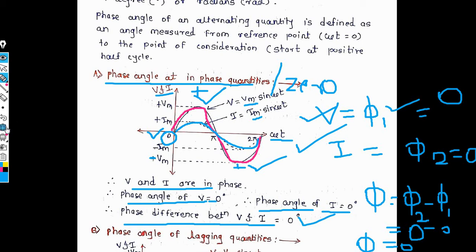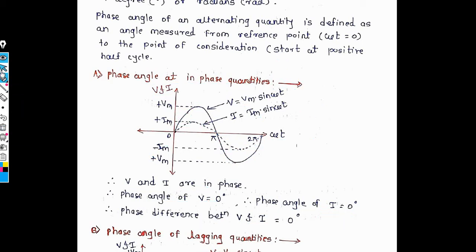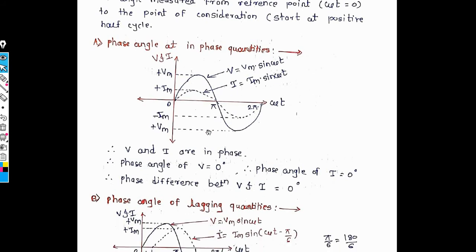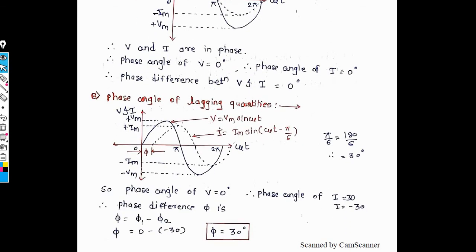Now the second type, that is phase angle in a lagging quantity. Okay. Now this is the waveform. This is the voltage waveform, and the current waveform is here. The voltage is V equals Vm sin omega t.